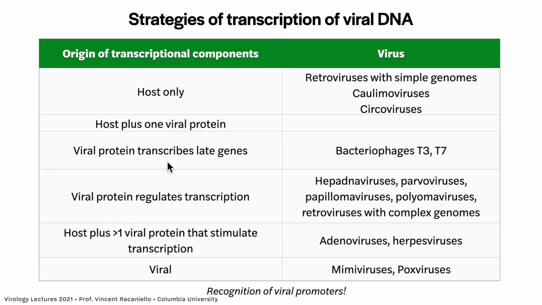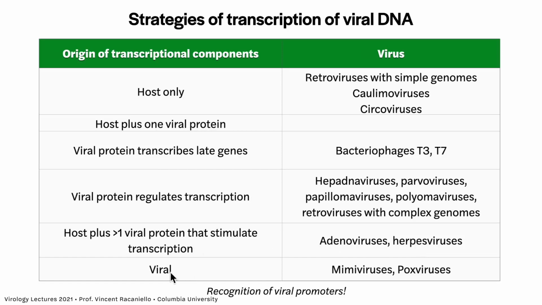One viral protein regulates transcription, and these are many of the viruses we're going to talk about today: hepadna, parvo, papilloma, polyoma, retroviruses with complex genomes. And then you have host plus more than one viral protein that stimulate transcription. Adeno and herpes, we're going to talk about those today.